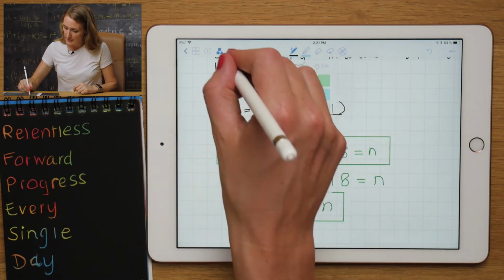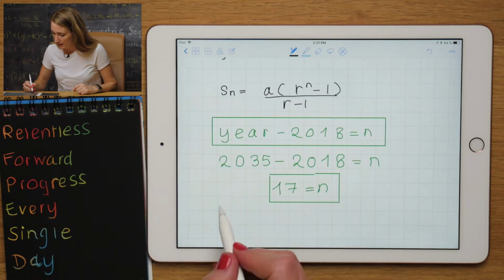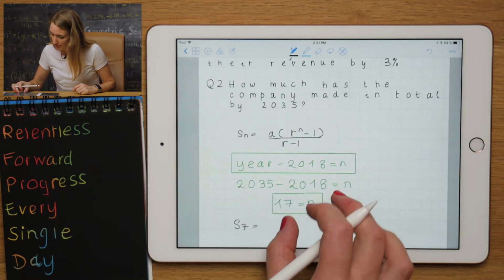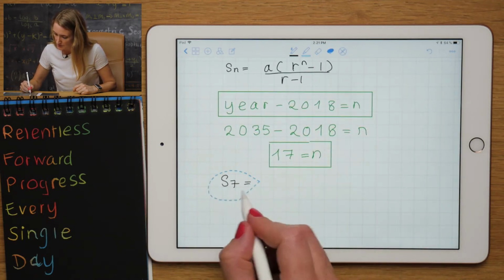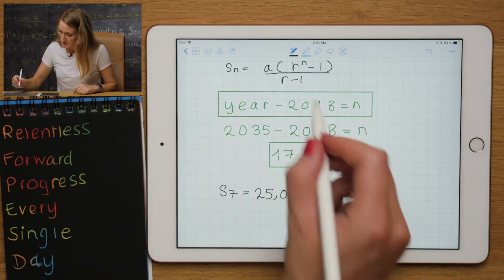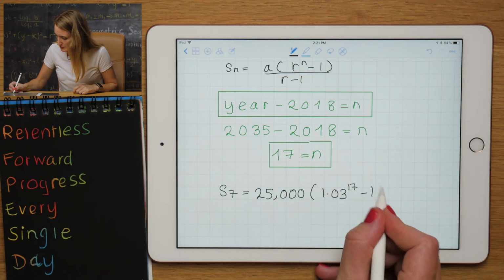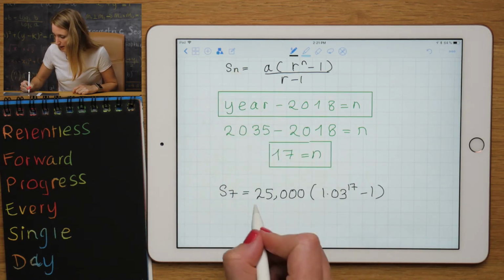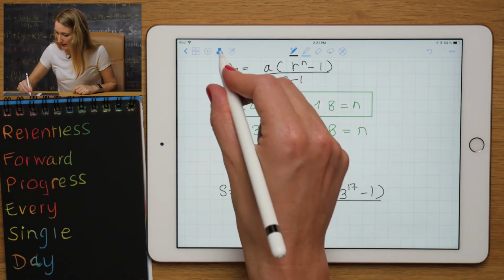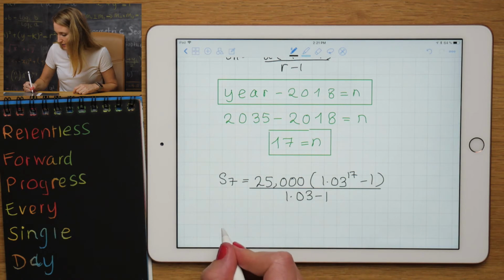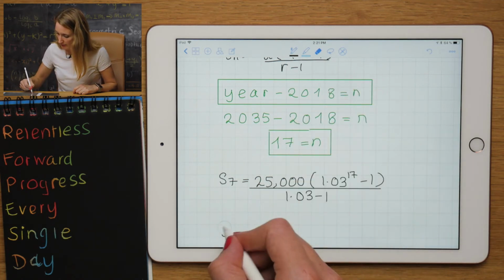From there on, it's pretty easy. You just take your S formula, you calculate S17. You've got 25,000 for your A, the same as the previous one, times 1.03 to the 17 minus 1, all divided by R again, 1.03 minus 1. I would type that exactly like that into the calculator.